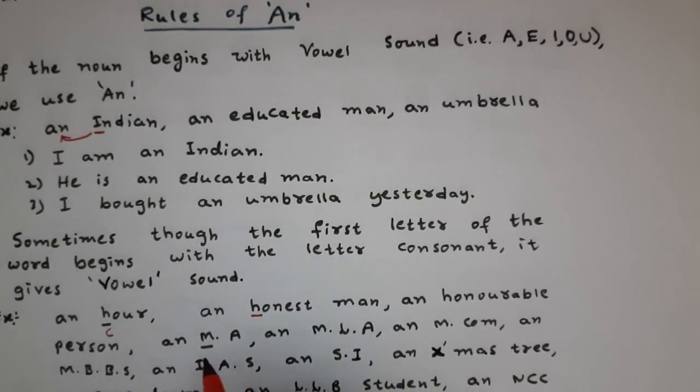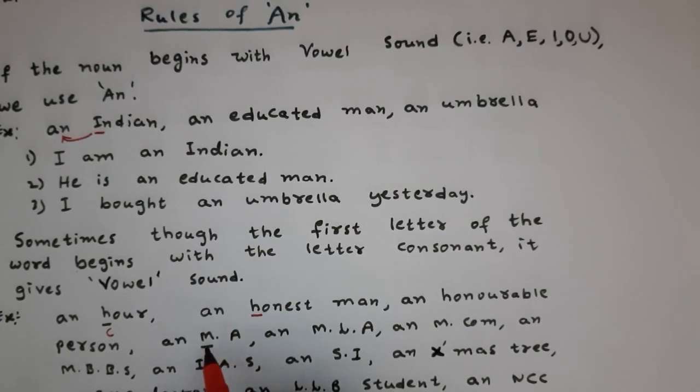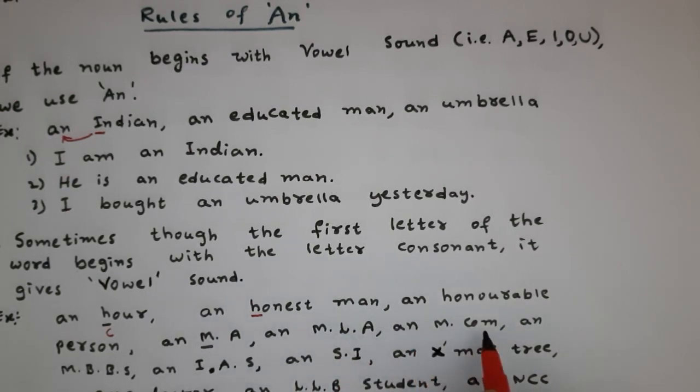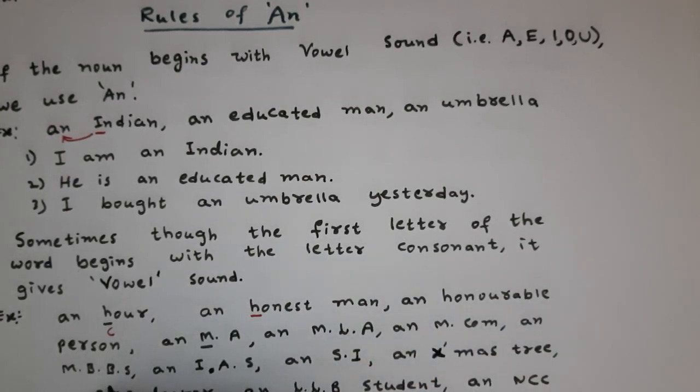Next, here you can see M, sound you observe. Actually, it is a consonant letter, but it is giving a vowel sound. M. That's why we have to use an. In the same way, here you see an MLA, an MCom, an MBBS, an IAS.